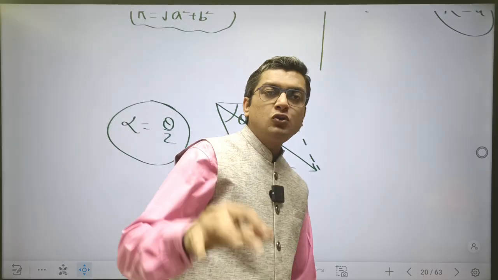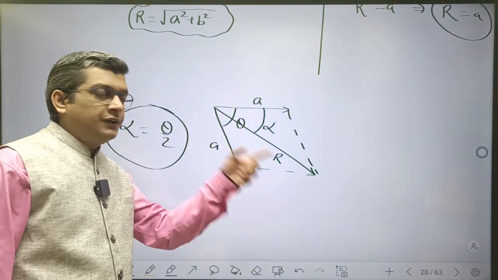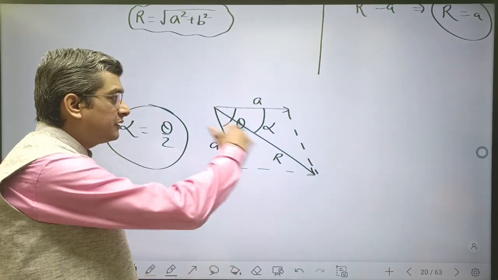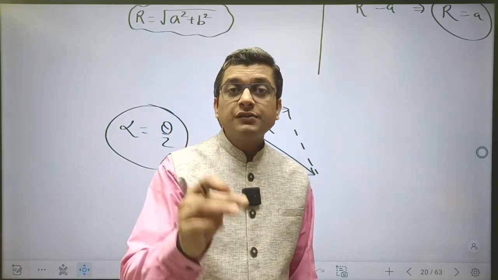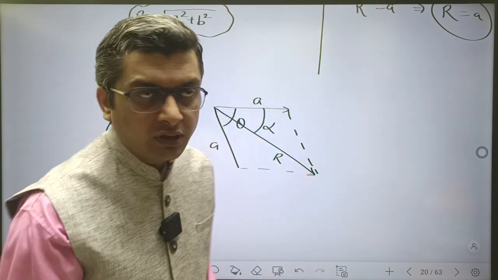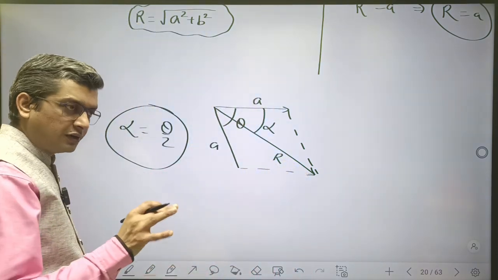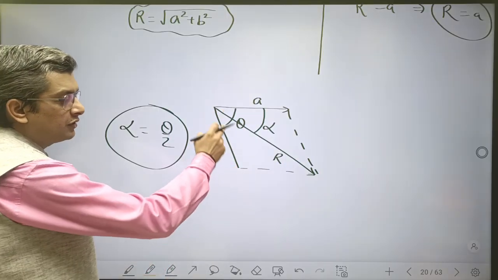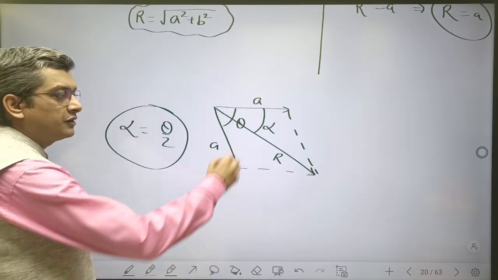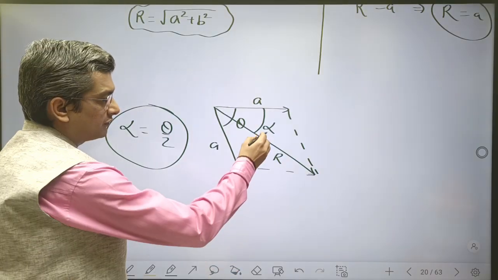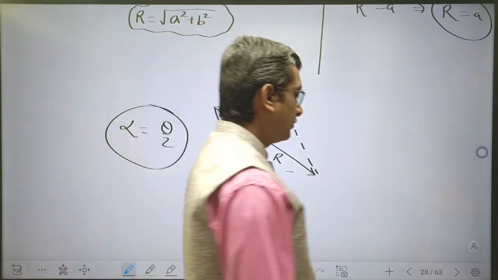Whenever the magnitudes of the two vectors are equal and the angle between them is theta, the angle made by the resultant with either of the two vectors is equal to half of theta, because both have the same magnitude. So this is the condition: both must have the same magnitude. The resultant makes angle alpha with the two vectors, and this alpha is given by theta by 2. So this is the special case.